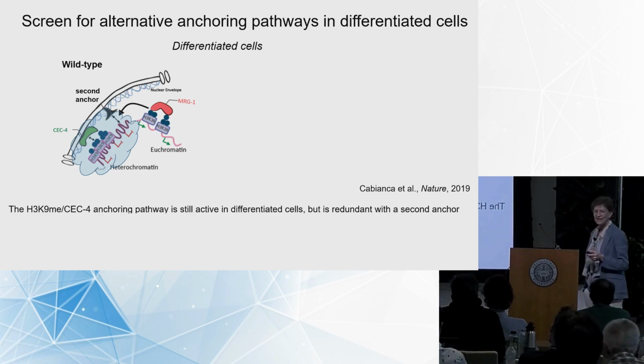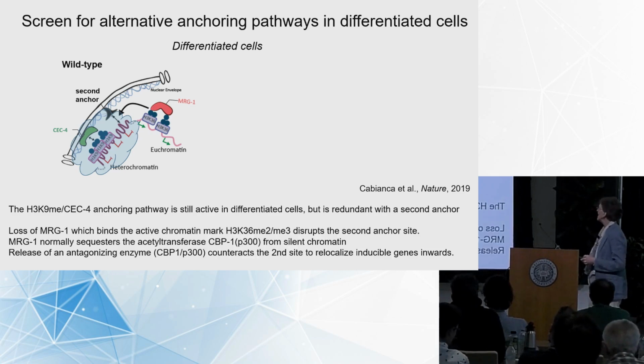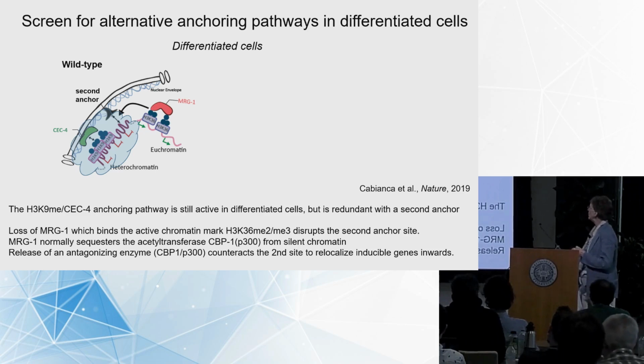So it was really confusing. But we found that MRG1 actually binds the active mark H3K36, and actually we could knock out H3K36 methylation and have the same result. And when it is lost, then we antagonize this second site.